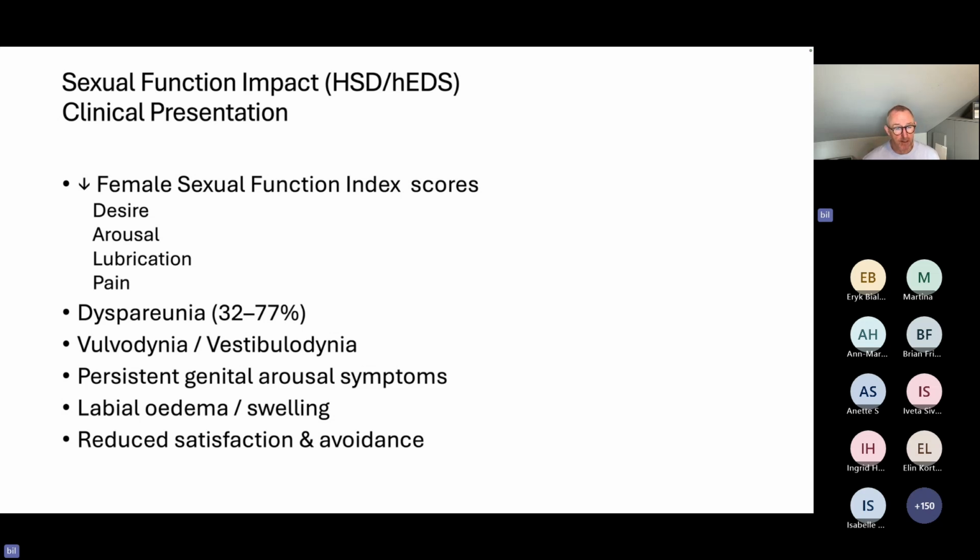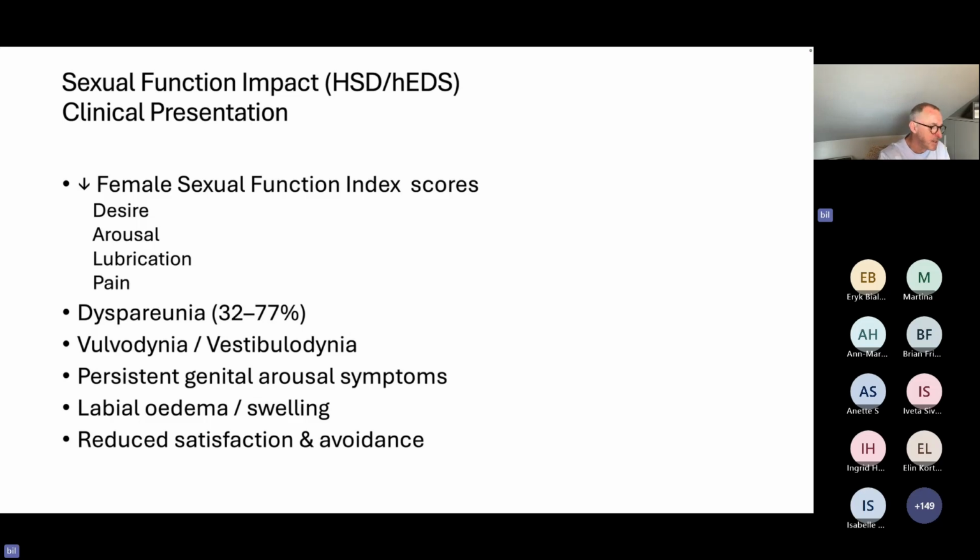They have vulvodynia, vestibulodynia. I think in this group, if I see persistent genital arousal symptom patients, they can often be in the hypermobile EDS and HSD group. They can often have labial edema and swelling. They often report reduced satisfaction and avoidance.